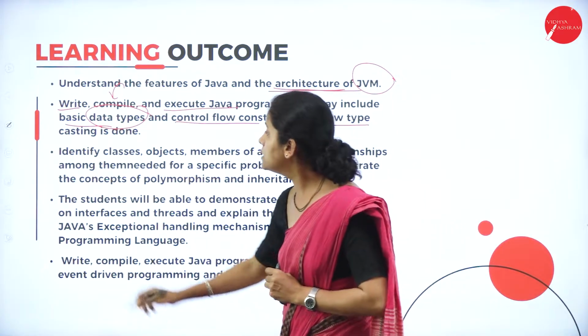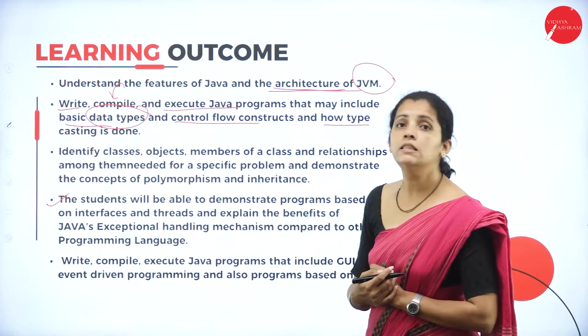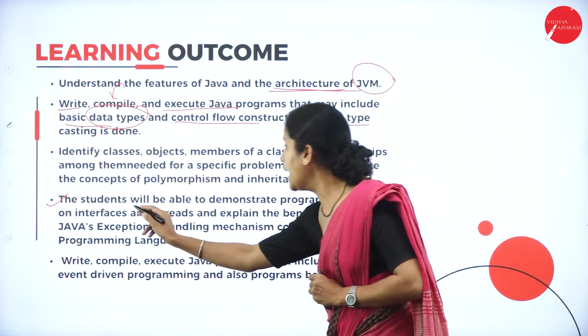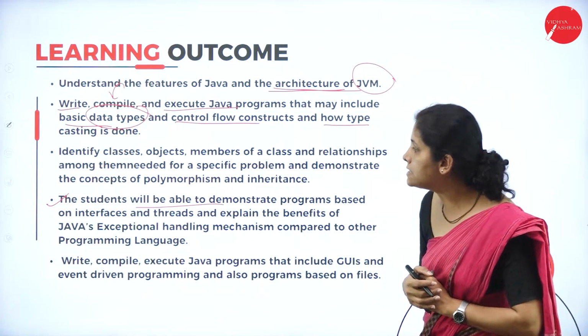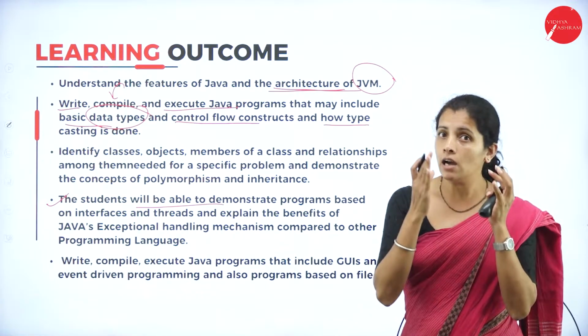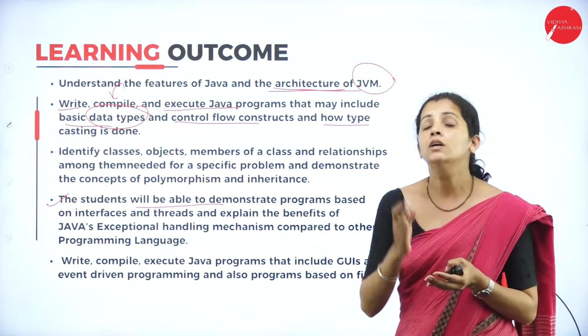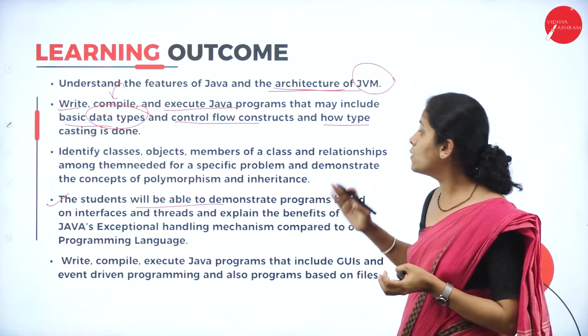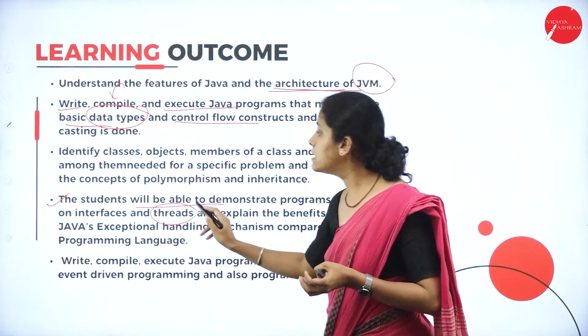Now, the next learning outcome here is that the student will be able to demonstrate programs based on interfaces. That means it allows the student to create their own interfaces as well as threads.